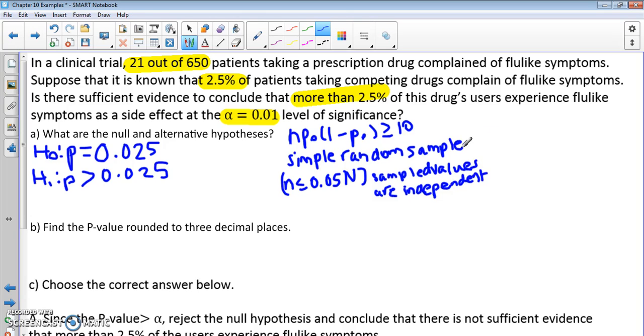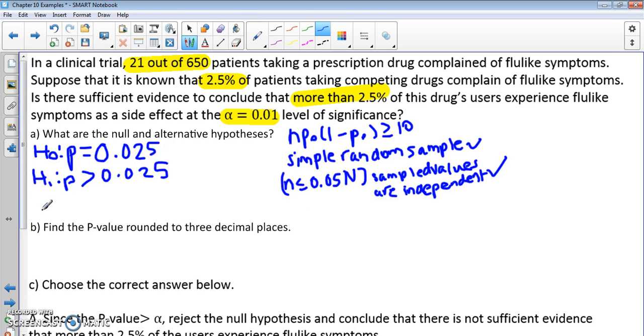So I would say that we can reasonably assume that we're working with a simple random sample and that our sampled values are independent, or we're probably talking about a nation here, or patients taking a prescription drug here. That's probably 650 is less than 5% of our population here. So we just need to verify this condition here.